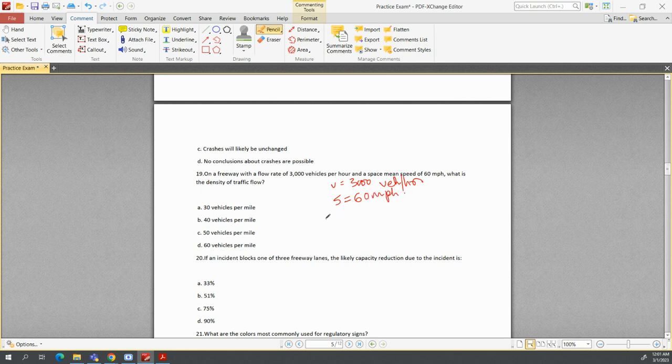What is the density? We know v equals s times d, right? So d equals 3000 vehicles per hour divided by 60 miles per hour. This will give us vehicles per mile. So this is easy. This is 50 vehicles per mile.